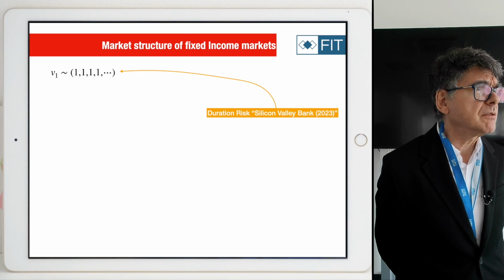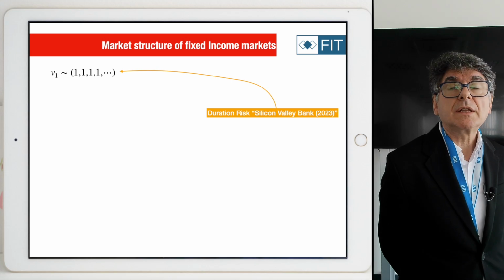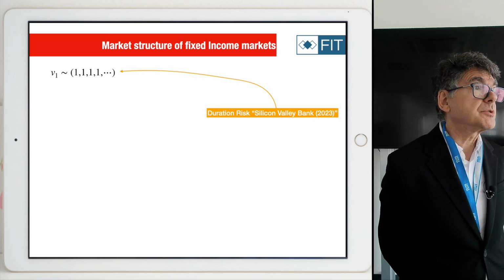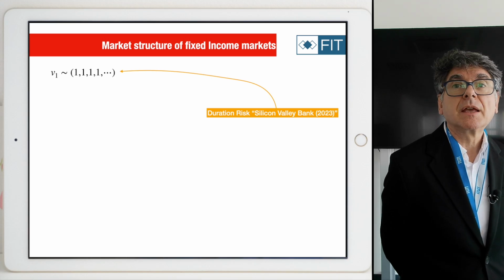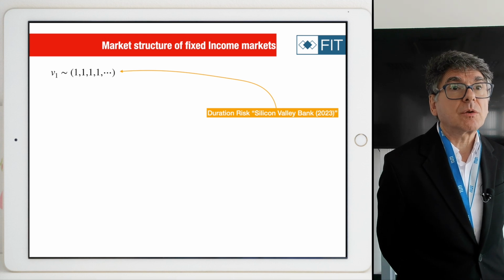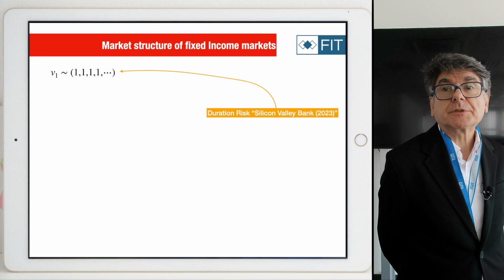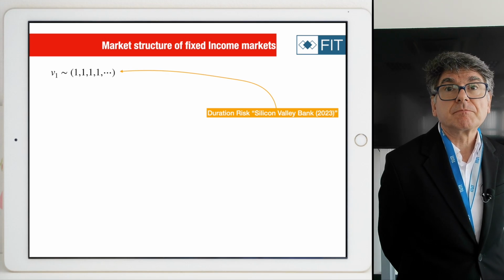Are you familiar with Silicon Valley Bank? When the rates in the United States went from 0 to 5% in like 3 months, 5 months, two banks collapsed. One was Silicon Valley Bank, that just went bankrupt. And the other one was rescued by UBS, that was Credit Suisse.